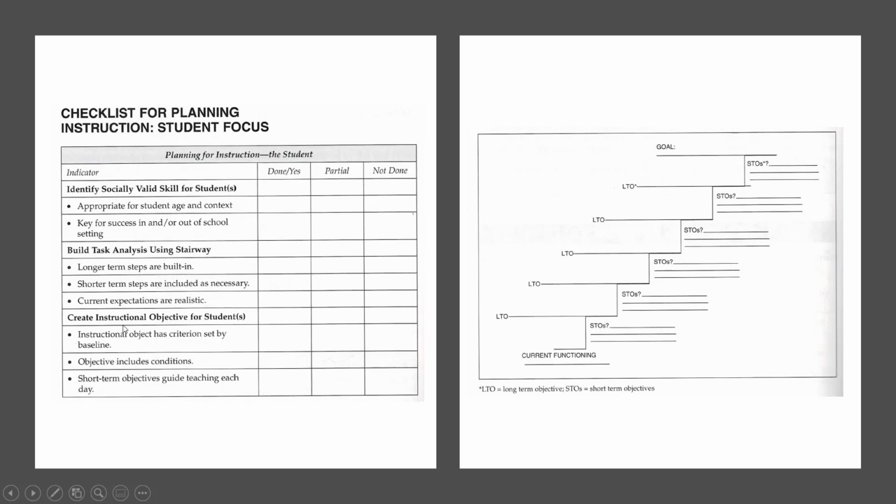Then make sure that you create objectives for each of those items of the task analysis. So you have the criterion. Remember, it's set by the baseline. It includes the conditions, and it guides your teaching. Those short-term objectives are what's going to guide your teaching and your lesson planning.